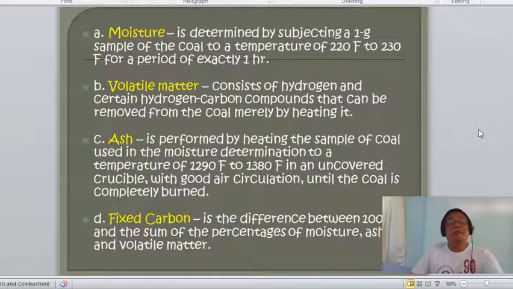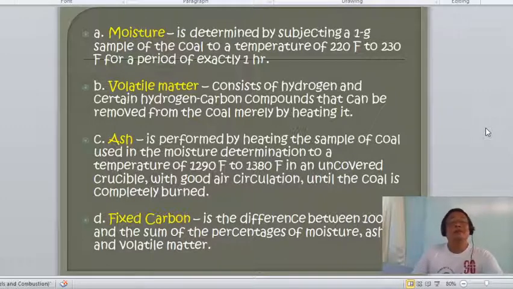Moisture. Okay, so this is determined by subjecting a 1 gram sample of coal to a temperature of 220 degrees Fahrenheit to 230 degrees Fahrenheit for a period of exactly 1 hour.